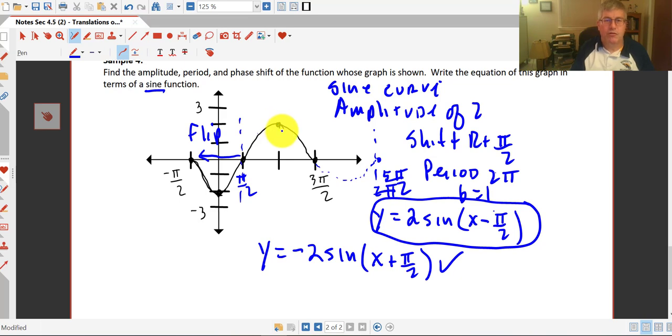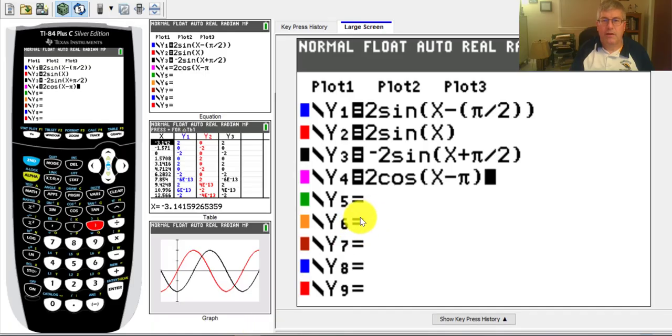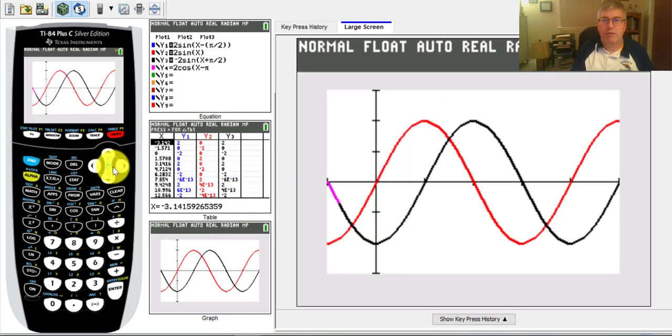Now this one starts at 2 because our amplitude is 2. But if that is pi, we have shifted this pi units to the right, so our cosine curve would start here. Putting that into our calculator, that one's going to be a magenta color, and hopefully it'll graph right over the black one. And sure enough, it's also the exact same thing.